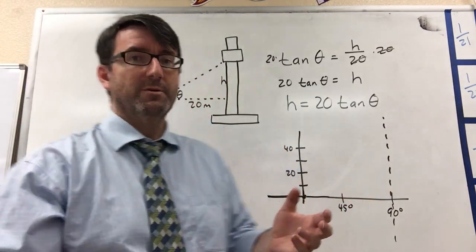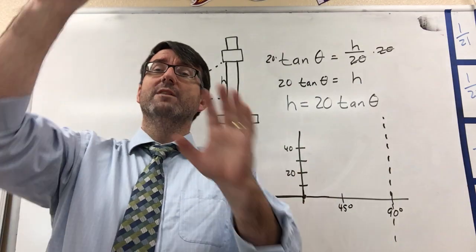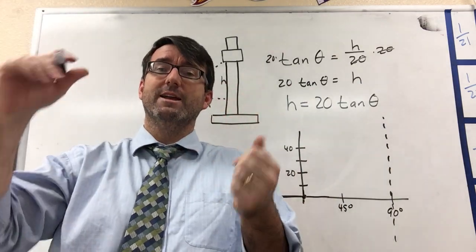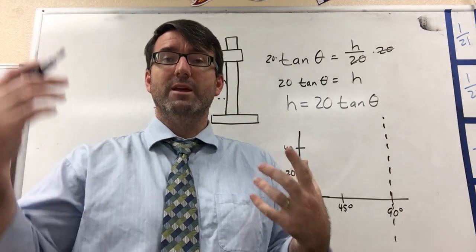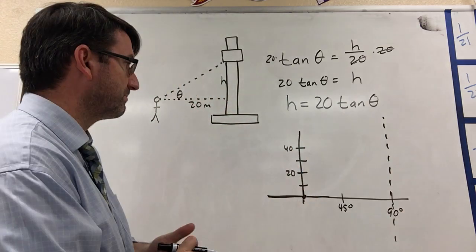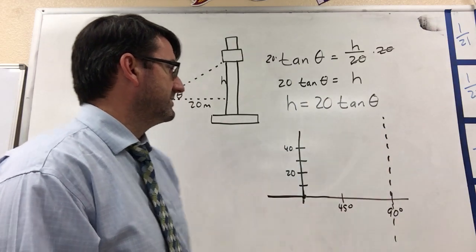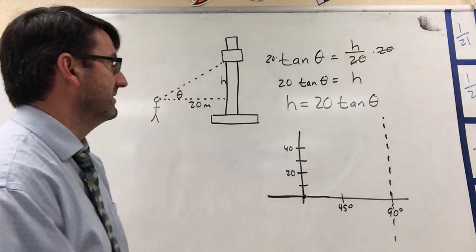That would be impossible. It can get really high and it can really make him crane his neck at a difficult angle, but it's never going to be 90 degrees because that would be directly above his head. So we're going to have an asymptote there at 90 degrees.